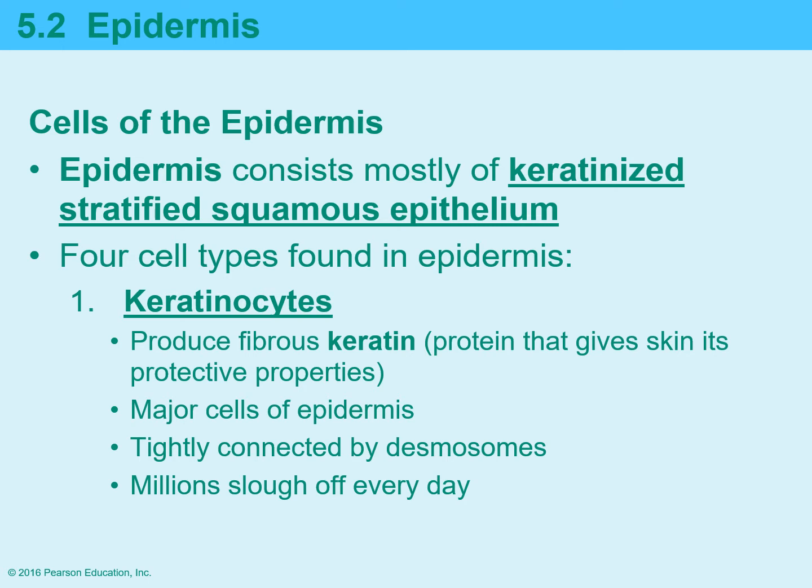It gives a lot of the protective properties to the skin. It's very hard for microorganisms to be able to pass through this fibrous protein that's present there. The majority of the cells in the epidermis are the keratinocytes. They're very tightly connected, and you actually lose millions of these cells every day. That's just normal functioning.